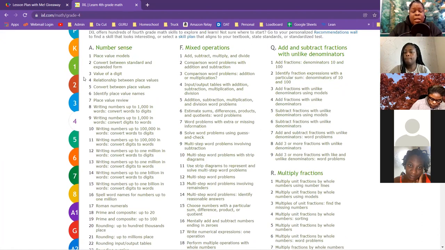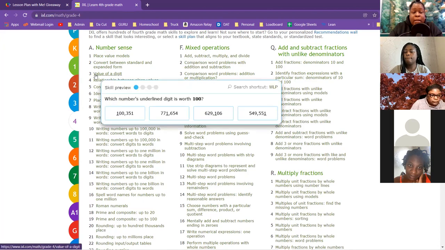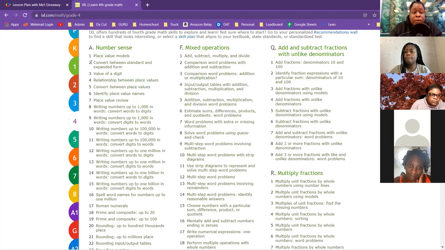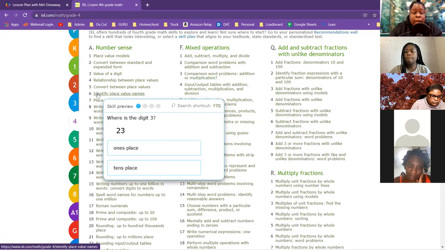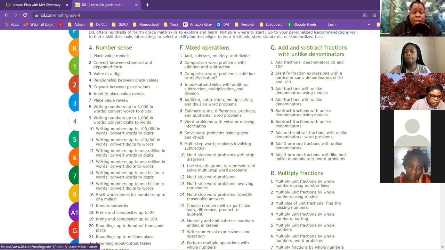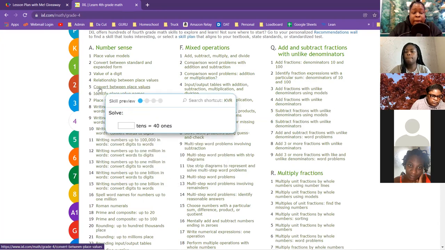And then I would create a lesson plan based off of that. So maybe this week I would pull place values, value of a digit, right? Pull those lessons, so lesson 1, lesson 3, lesson 6, identifying place value names, converting between place values. I would pull all of these and make a plan for them to use.